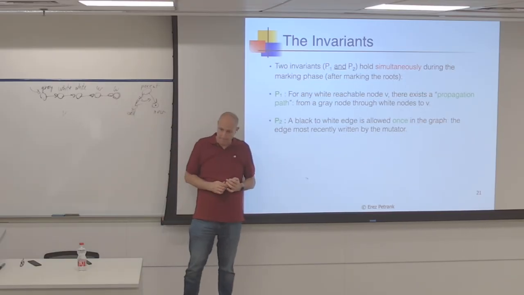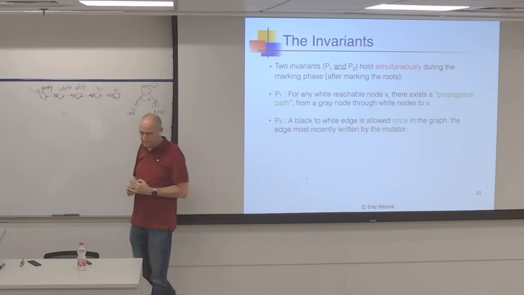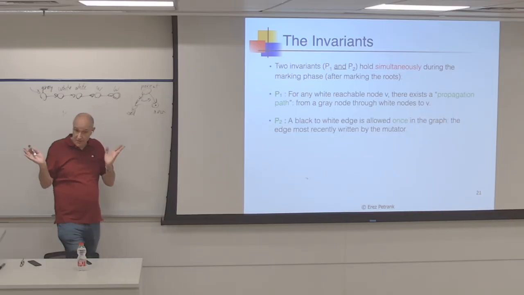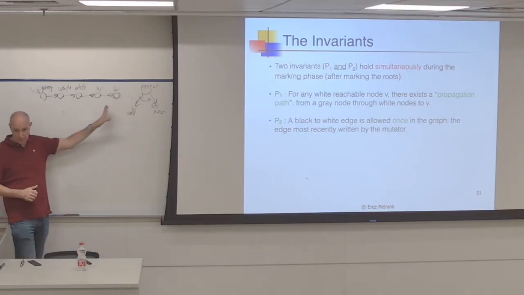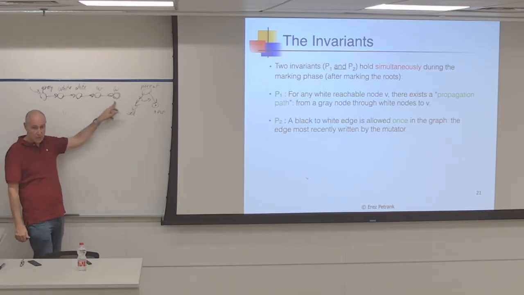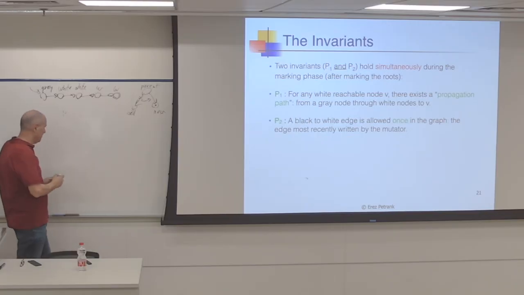But for that one edge, P1 does not hold, right? No, if there's a black, this doesn't worry about black nodes, right? This is just saying if you have a white reachable node, which is our greatest fear, then so I see what you're thinking.